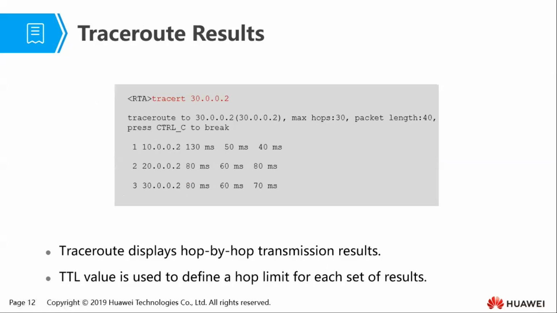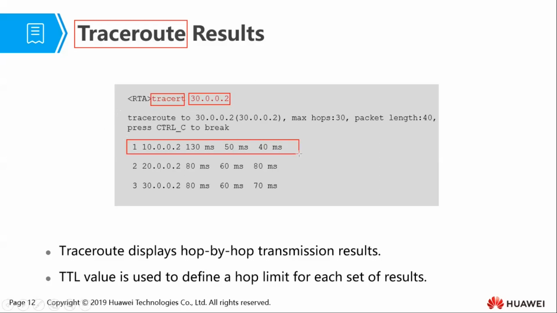So this is what we get when we do Traceroute. The application is called Traceroute, and the command we use for it is traceroute. So from RTA, we want to trace route this destination. We can see that the first router it went through was this one with the address 10.0.0.2.